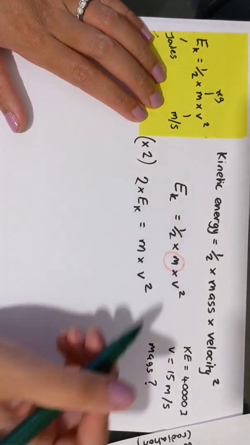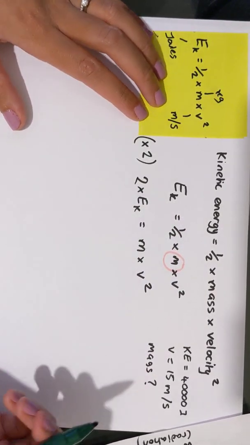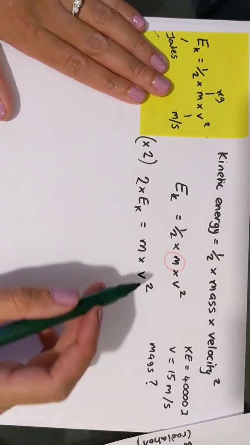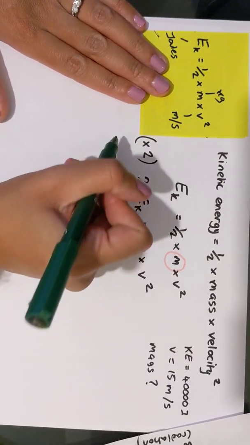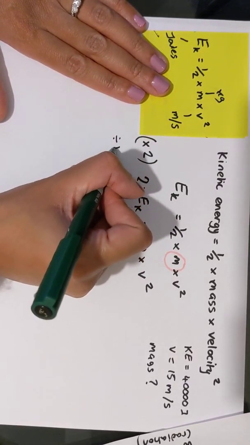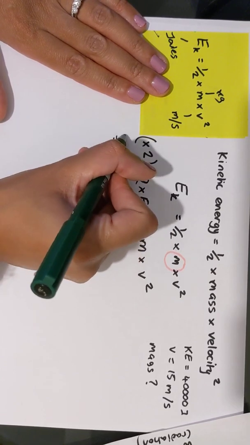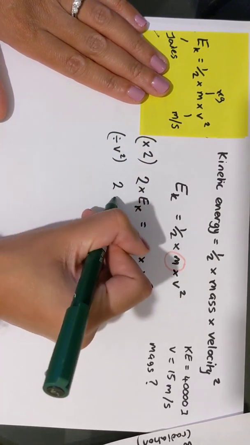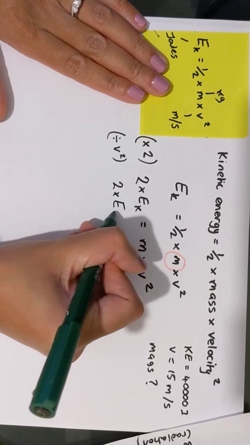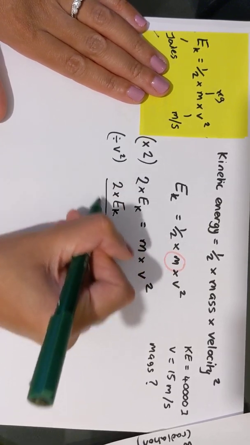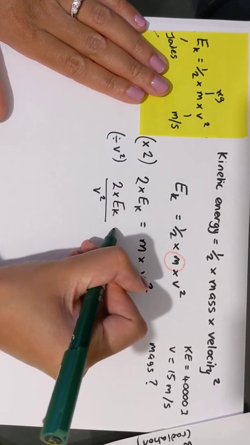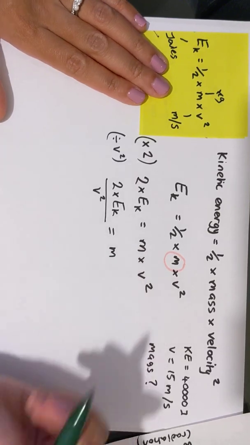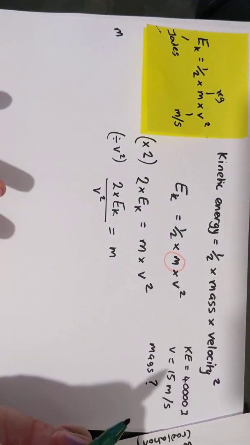Then I need to get this velocity squared term over to the other side. Because it's multiplied by the mass, I'm going to have to divide by velocity squared. So then you get 2 times EK divided by velocity squared equals mass. And that's your equation rearranged.